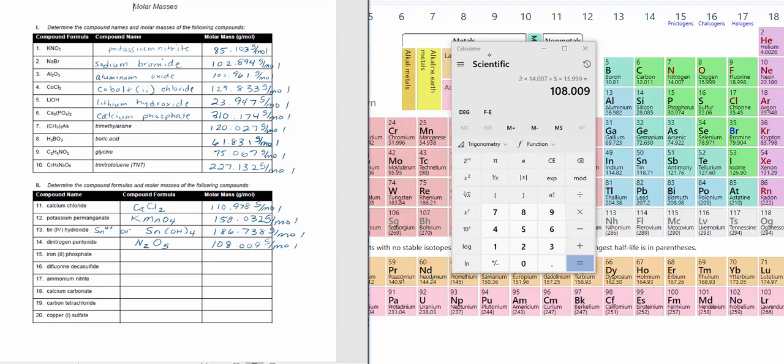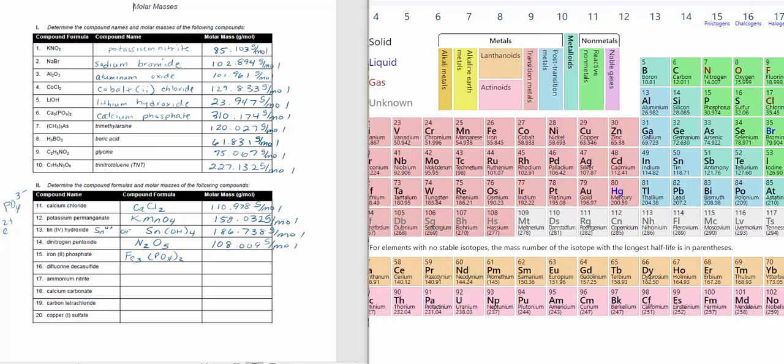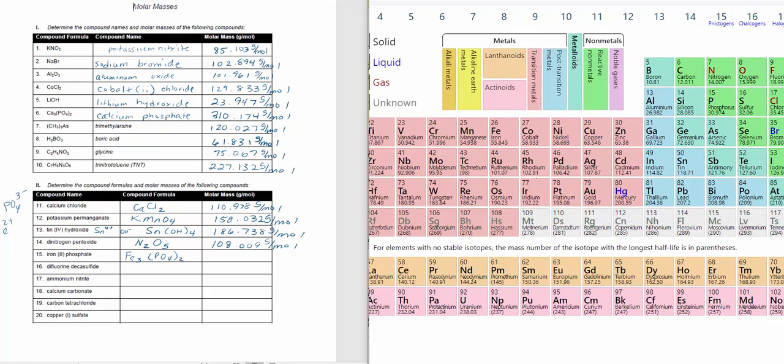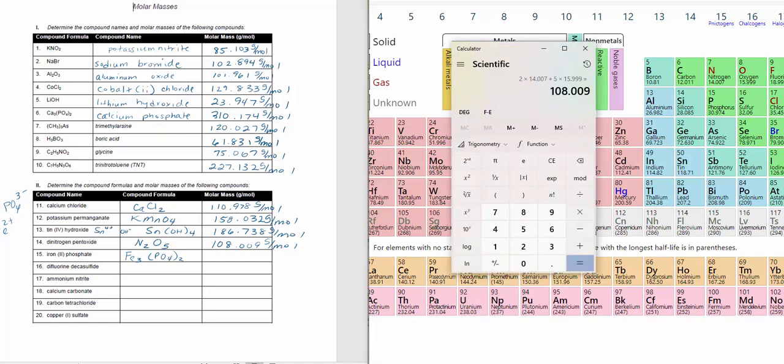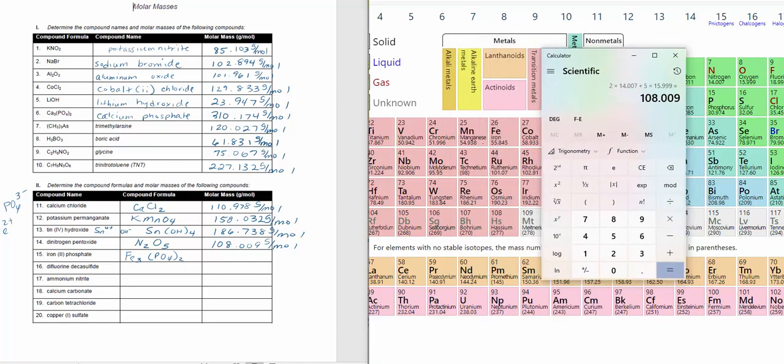Iron 2 phosphate. Now phosphate is PO4 3-, and I'm told I have iron 2. So that means I must have, in order to make this compound make sense, 3 irons and 2 phosphates in order to balance those charges. So iron is a transition metal, and we'll find iron here in column 8. It has a mass of 55.845, and I have 3 of those.